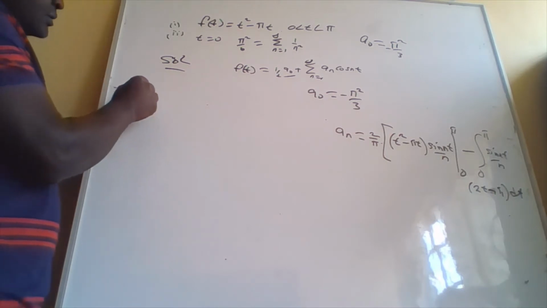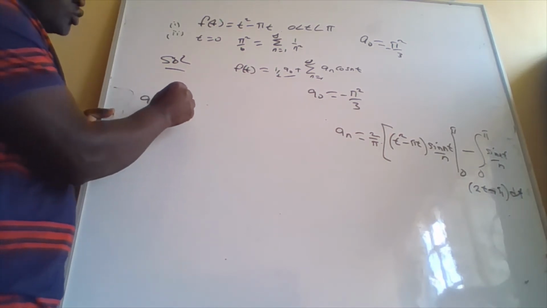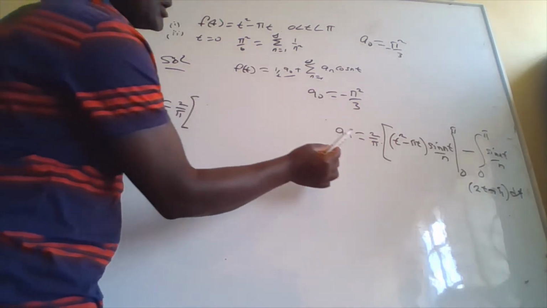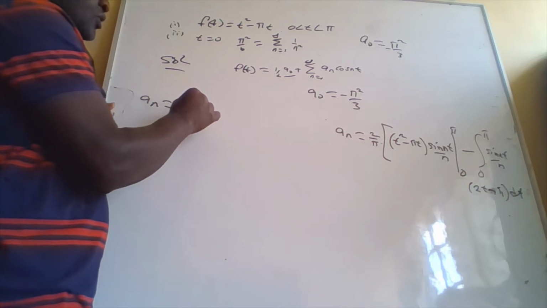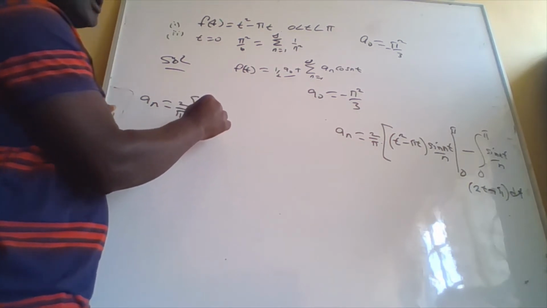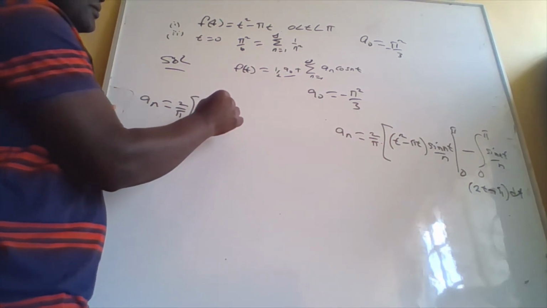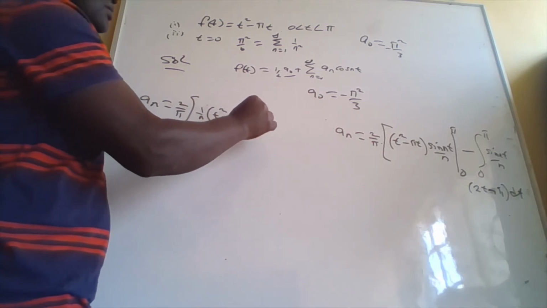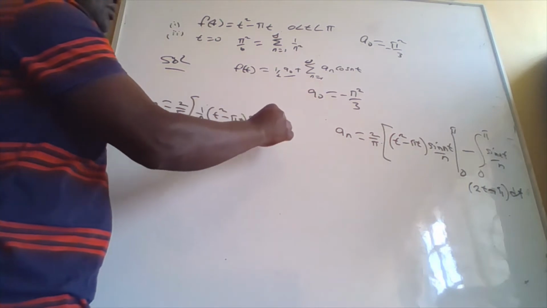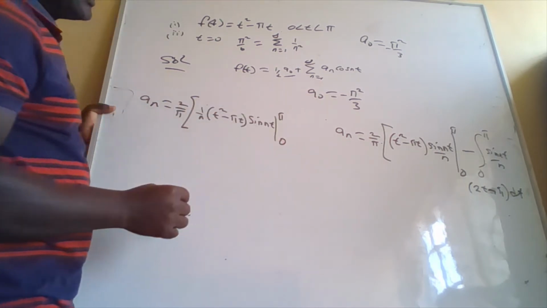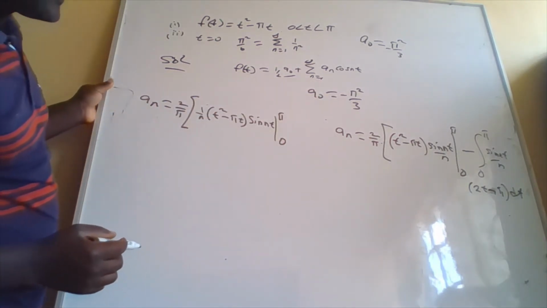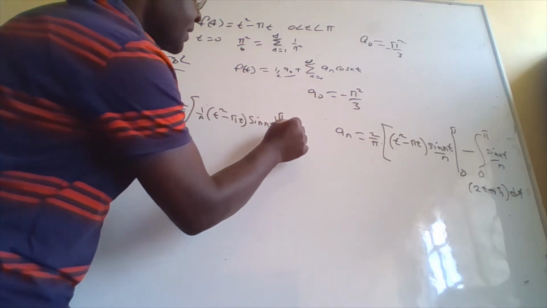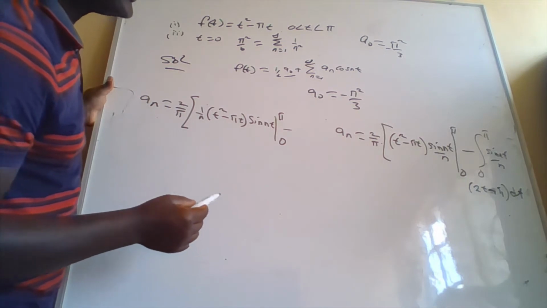So our an would be equal to 2 over pi into, I can write that as 1 over n into t squared minus pi t sine nt, like that. And then I have minus, you have now minus.